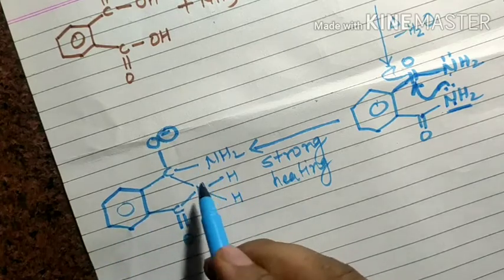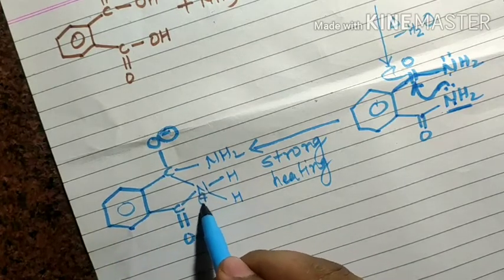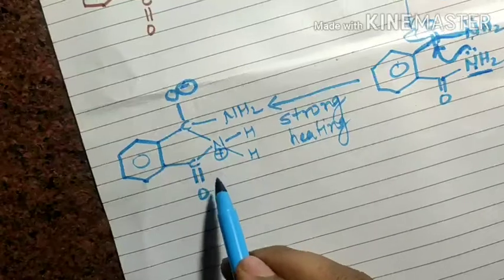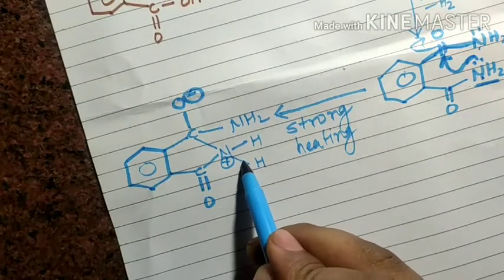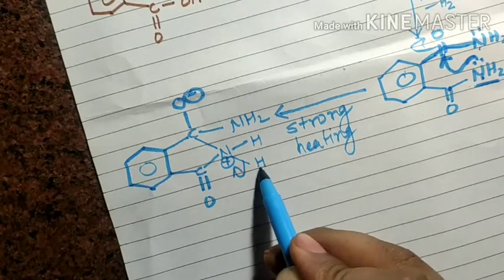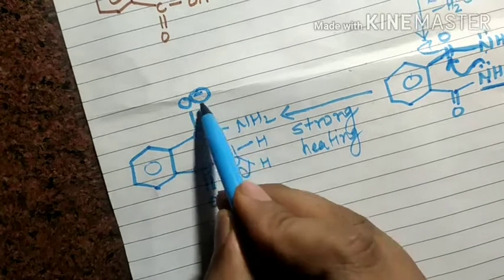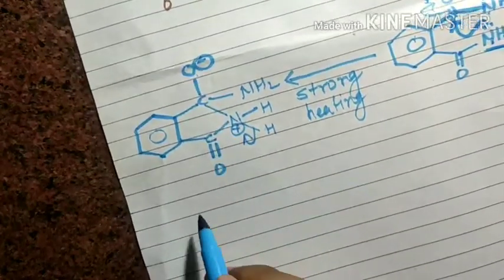This one is benzene, and this nitrogen acquires a positive charge, and to make it neutral it deprotonates, and this hydrogen after removing from this place goes to here.